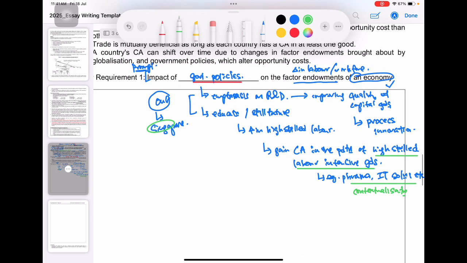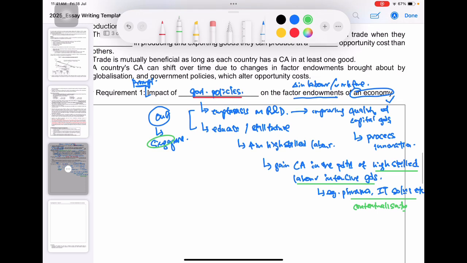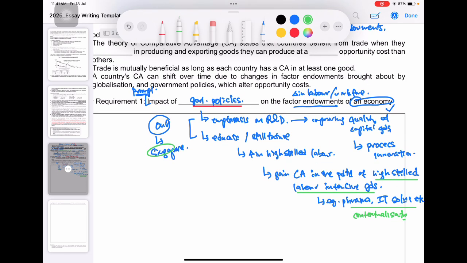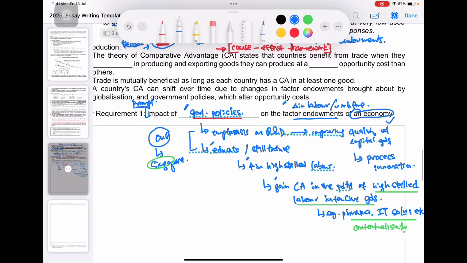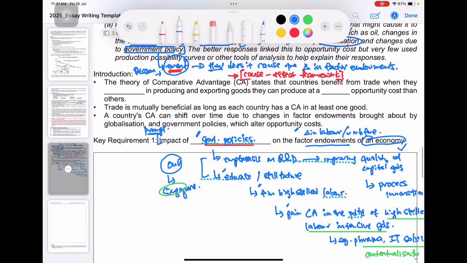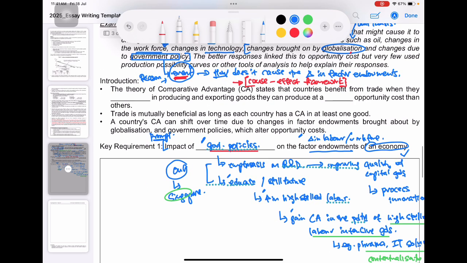Okay, so this is actually the first part of the answer, to look at how the policy actually changes our factor endowment, and being able to give example, explain step by step, and then highlight the last part on gaining the CA in the production. Okay, so when I say gaining the CA, there is a part that I didn't mention.